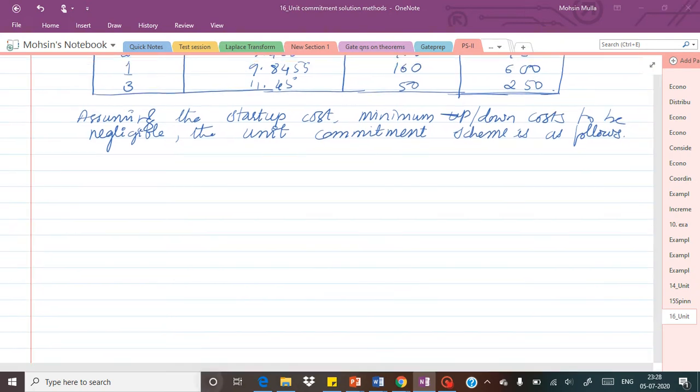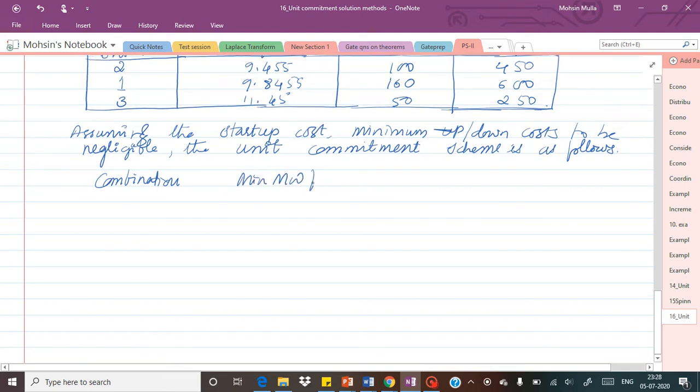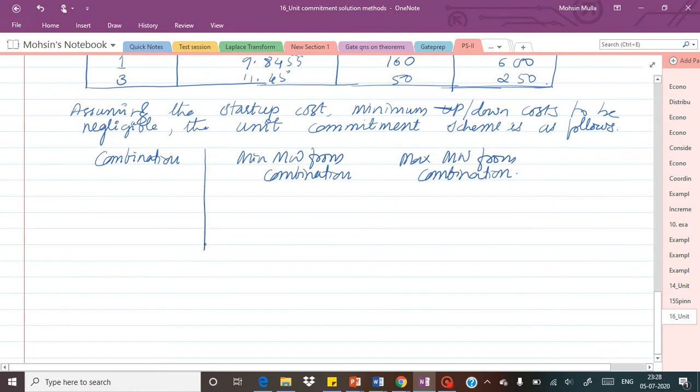Okay, so now let us consider the combinations, with the minimum megawatt and maximum megawatt for each combination. We will consider the load highest first, then decrease the load to the lowest.